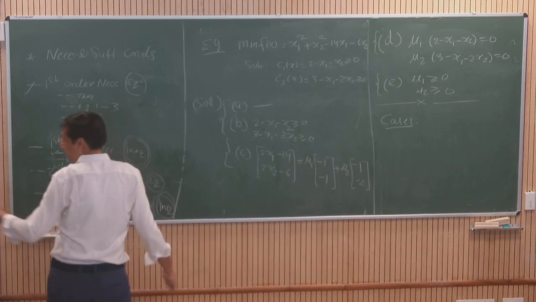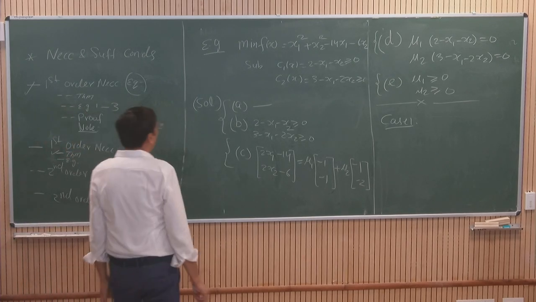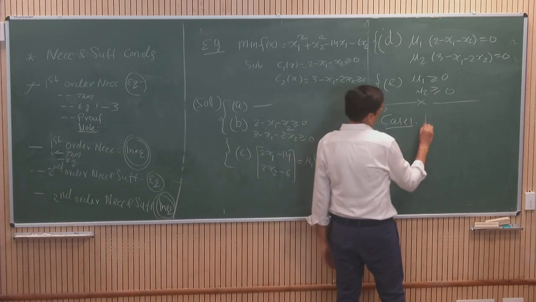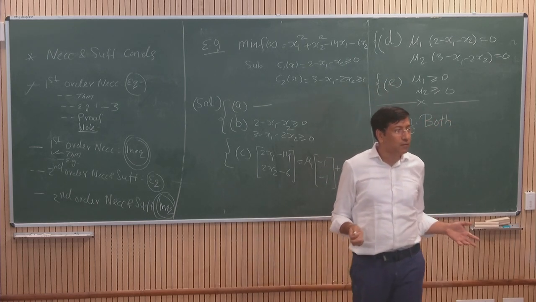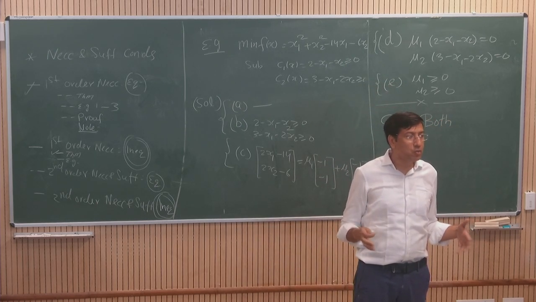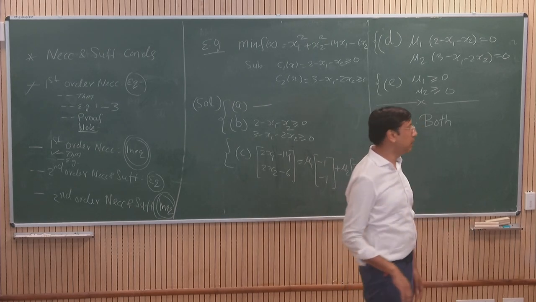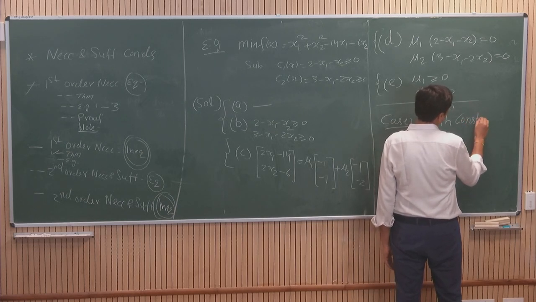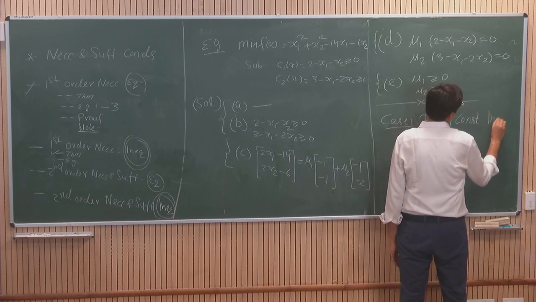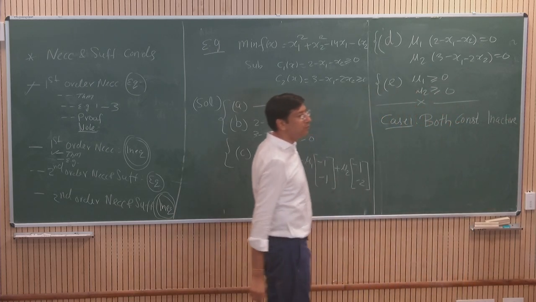So we start with a case. Let's say both constraints are inactive at the point I'm trying to check as a minimizer, the x star or mu star which I'm trying to find. Things will get easier once you have defined this case.